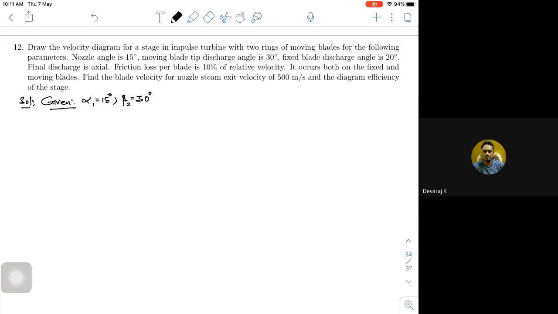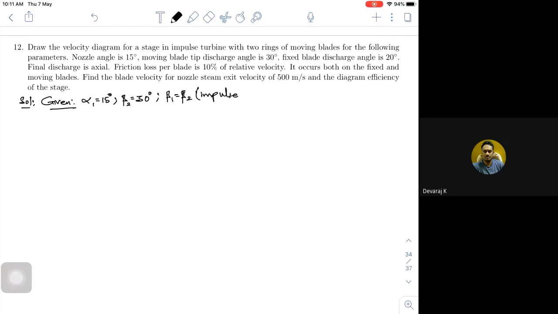Beta 2 is equal to 30 degrees. Fine. And the discharge is axial, as this is an axial flow machine. And also, this being an impulse turbine, beta 1 is equal to beta 2.